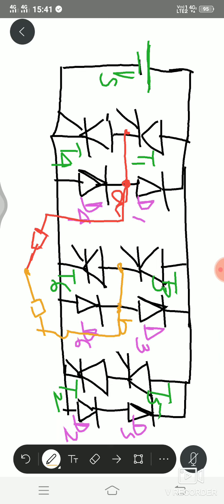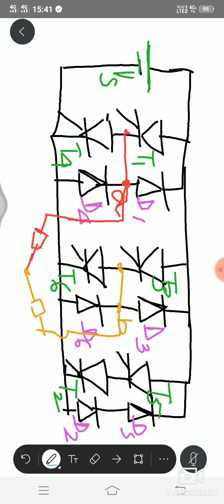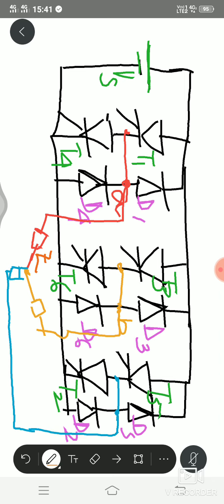These 2 points are shorted, and let the yellow phase be represented by point B. Then lastly blue phase. Let all these impedances be balanced. Load is there, so let all these impedances be Z. So this is our three-phase load.